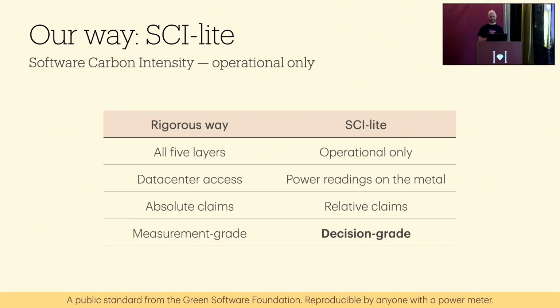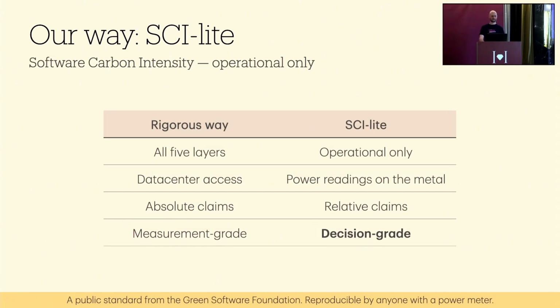What is that? It's the carbon cost of manufacturing your hardware, but it requires manufacturer data that we don't have. So we drop it on purpose. What do we lose? Absolute precision. What do we gain? A decision-grade comparison that anyone can reproduce.